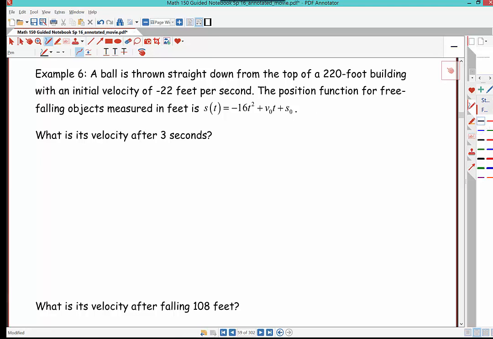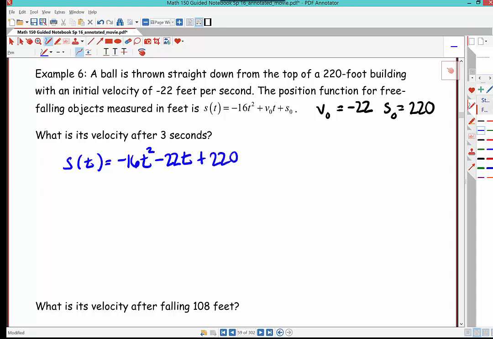We've been given that the initial velocity is negative 22 and the initial height, or the initial position, is s0, which is 220 feet. Okay, so far? So let's take a look. s at t, using that information, is equal to negative 16t squared minus 22t plus 220.